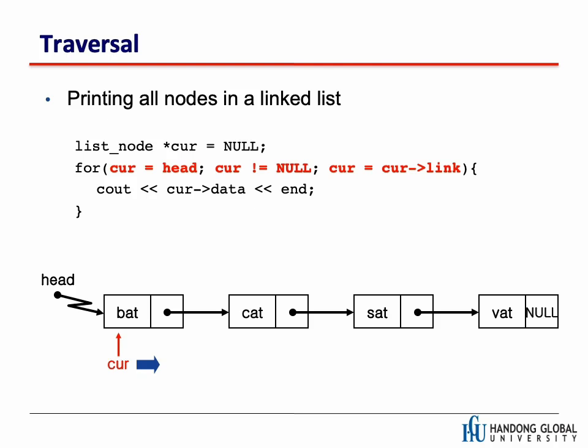So let's assume that this head is pointing to one linked list. We will talk about the insertion operation later, from the empty list. If we have a linked list and head is pointing to that linked list, which means head is pointing to the first node of this linked list, or the value of head is the address of the first node, then we can traverse this linked list in this way.